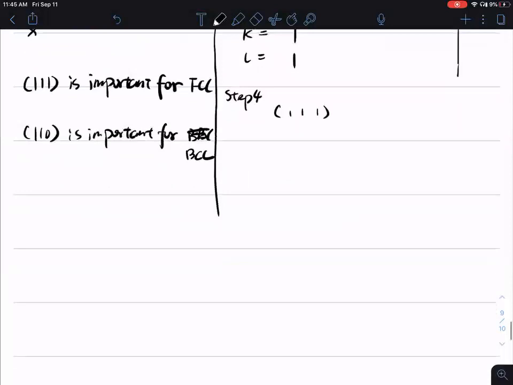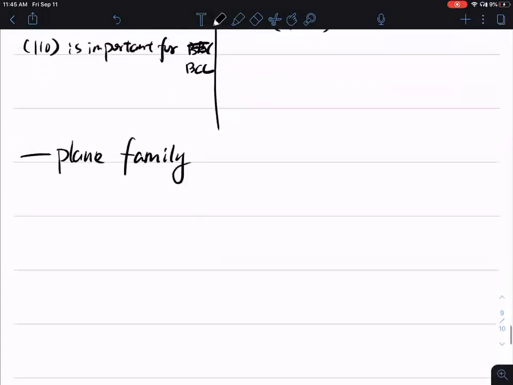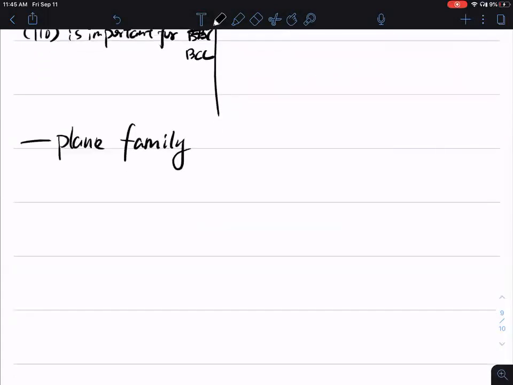Now we talk about plane family, which has the same definition as the direction family. If the planes are equivalent, they belong to the same family, and we use curly brackets with 3-digit numbers.